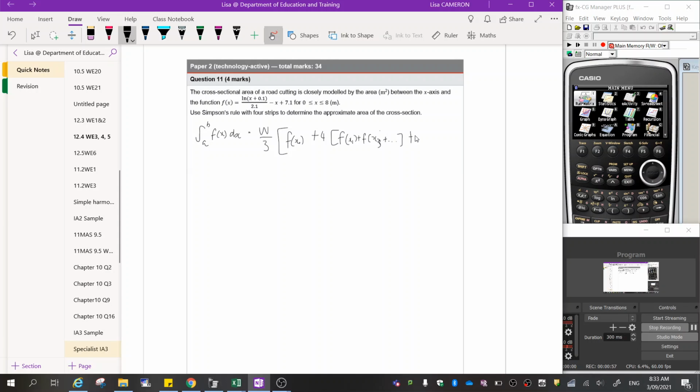Then we're going to add on 2 of all of the even terms here. So f(x2) plus f(x4), and so on, close that off.